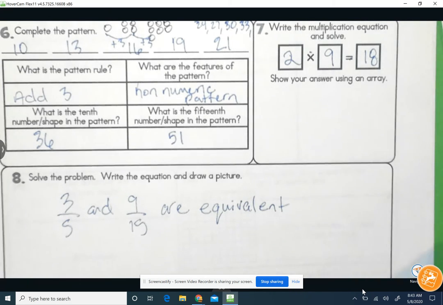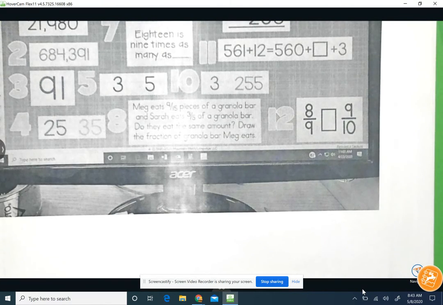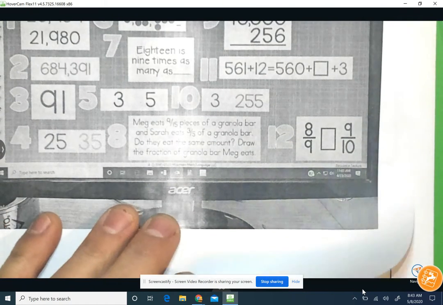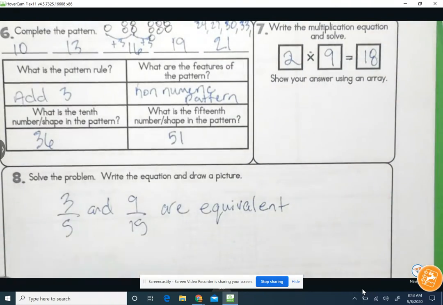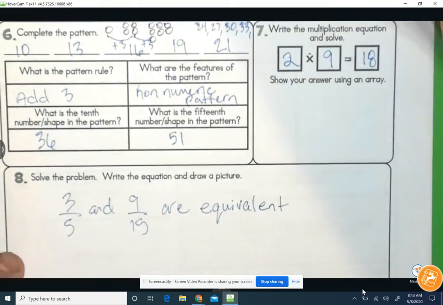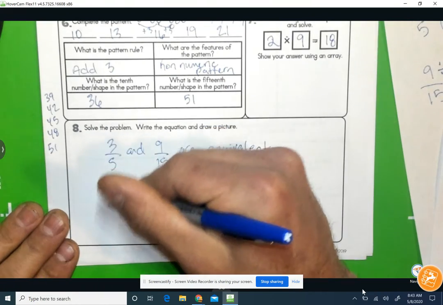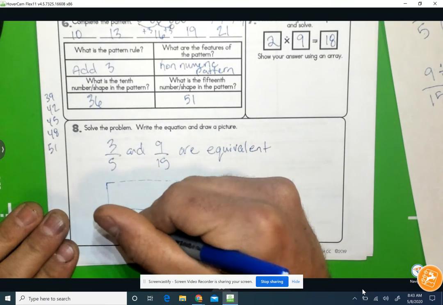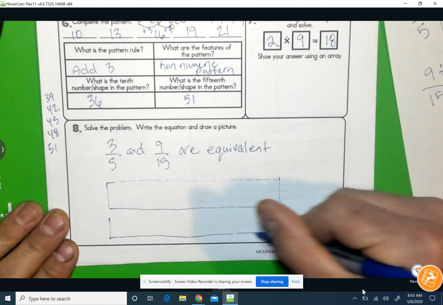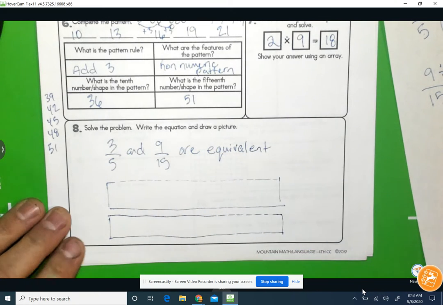All right, was there a second part to this question? Draw the fraction of granola bar that Meg eats, right? So she's eating 9 out of 15 pieces. So let's draw this. Granola bars tend to be rectangular, so I can draw this out. And for giggles, we can draw out her buddy's granola bar too. What was her buddy's name?